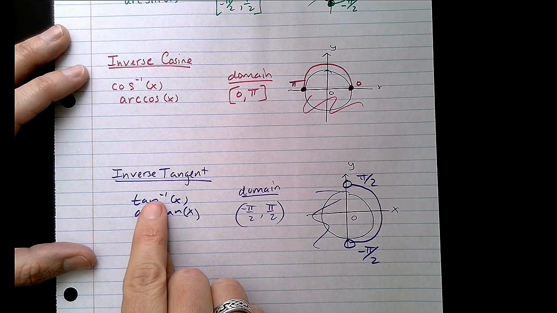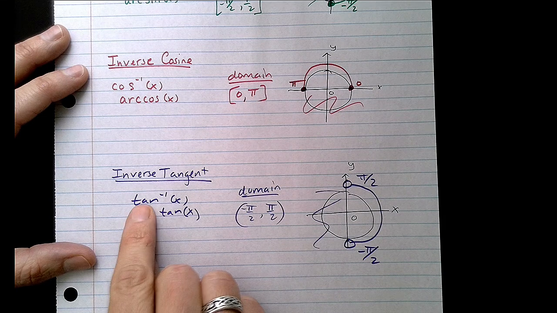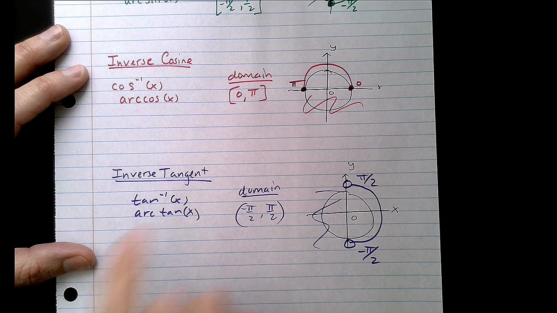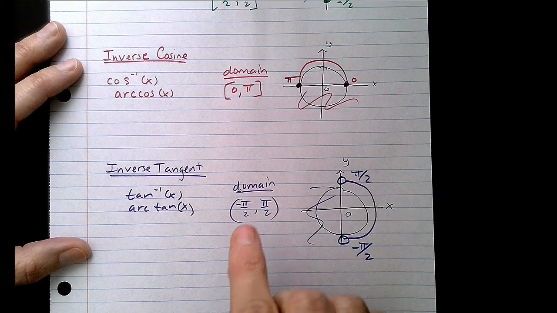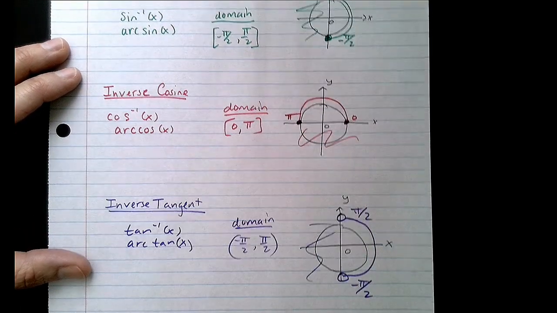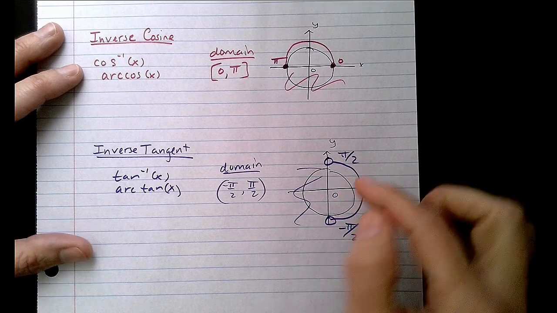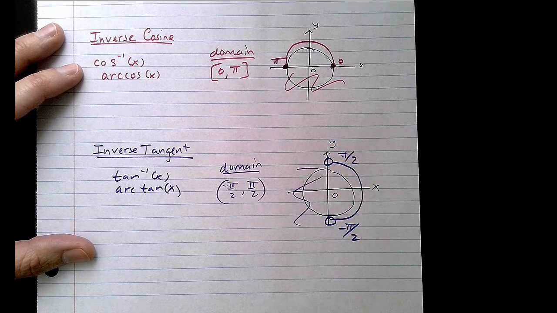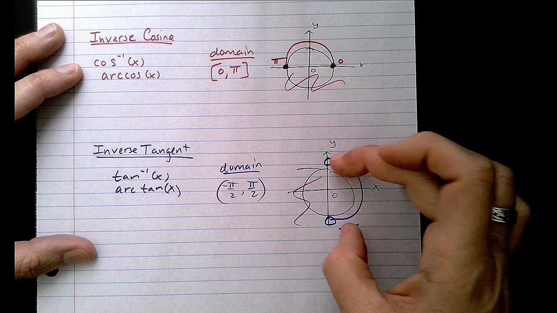Now, look at the inverse of tangent. Again, you can rewrite it with a -1, and you'll see that on your calculator, or it's called arc tan. Now look at its domain. It's very similar to arc sine. However, you cannot use those bounds. Why? Because remember, tangent has vertical asymptotes. It has undefined values at pi/2 and -pi/2, so you cannot use them.